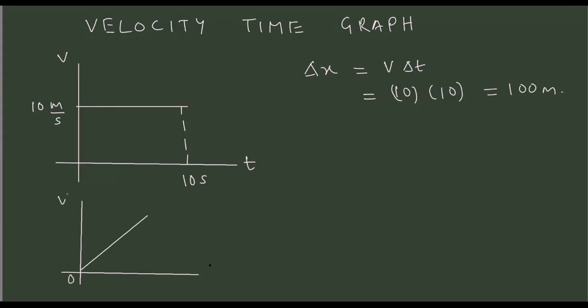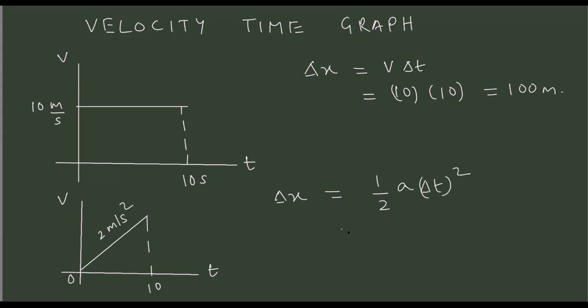So, velocity-time graph. Let's say the acceleration, as an example, is 2 meter per second square. If I wait for 10 seconds, the displacement this time is obtained by using half a t square, so half a delta t whole square.